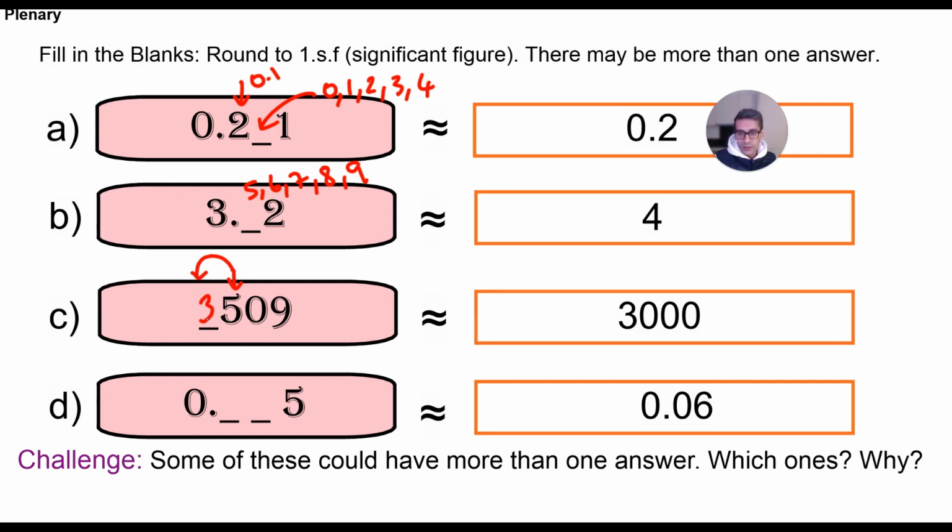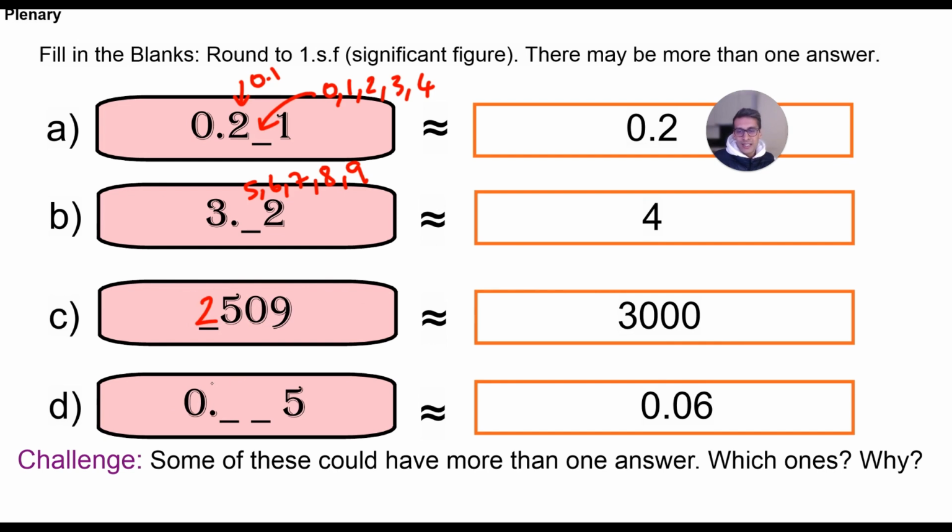So 3 doesn't work. What about if it was 2? Well, the first significant figure is in the thousands column. So we're rounding to the nearest 1,000, and it's either going to be 2,000 or 3,000. Now, because the decider is 5, that's going to become 3. So what we can say is there's only one answer here. It has to be 2.